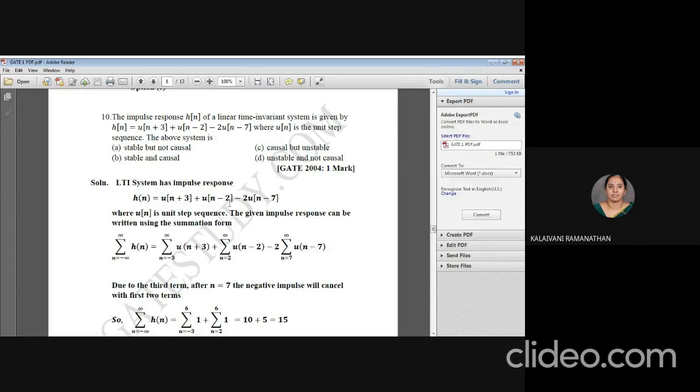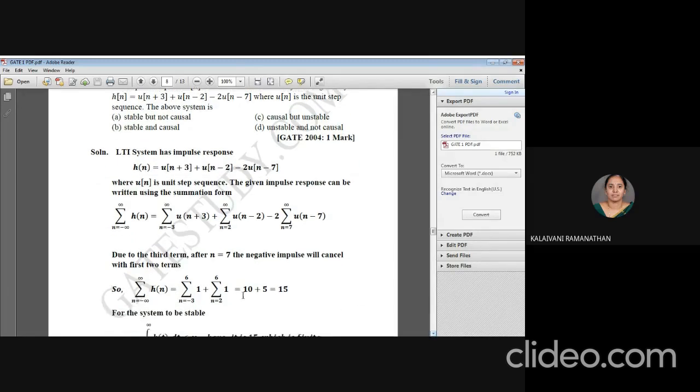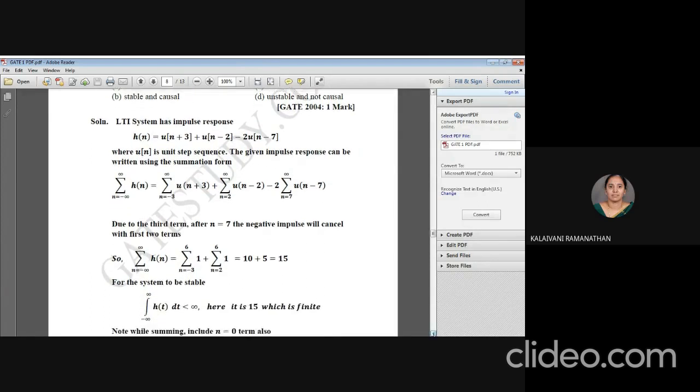And one more condition for checking stability is that the summation of h of n should be less than infinity. That is the condition for a stable system. Or else you consider the integral of h of t dt must be less than infinity. Since it is a discrete time system, you can consider the summation of h of n.